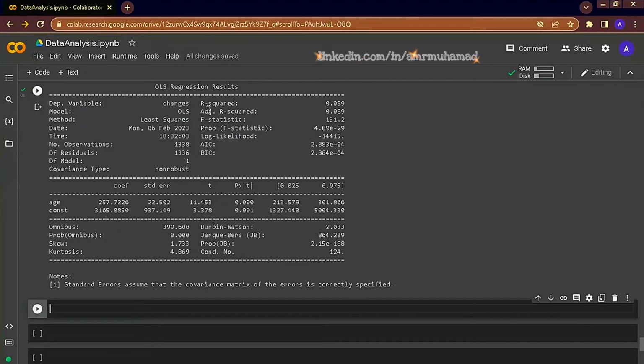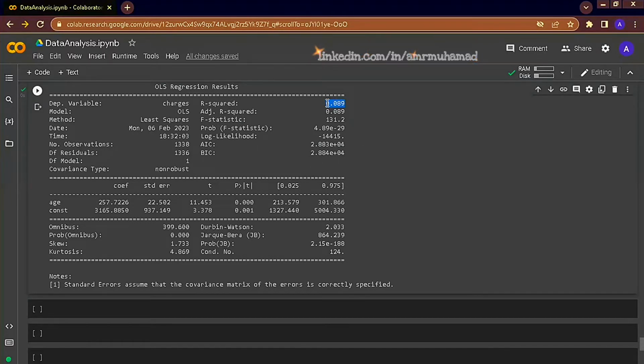This portion actually tells more about the regression quality. We can see here R squared, an indication of the goodness of fit, and adjusted R squared, which is the same as R squared but takes into account the total number of features used. So we basically look for adjusted R squared that is equal or almost equal to R squared. This means that the results of the model are somewhat robust.